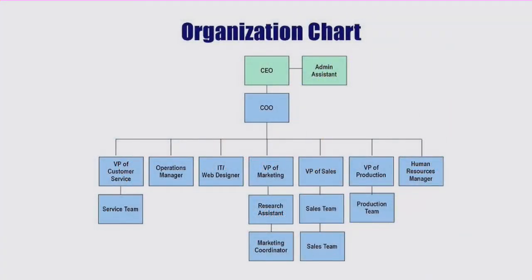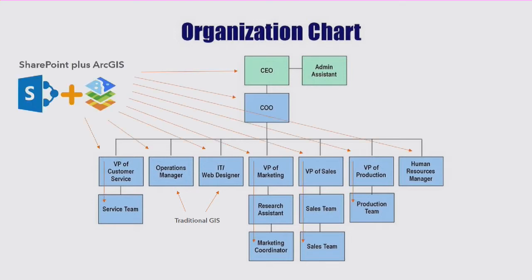The overall idea behind this is, in the past, traditional GIS has typically been siloed within a larger organization. It's been within the GIS department, which may or may not have visibility into the rest of the organization. Once you have ArcGIS Maps for SharePoint and some of our other business applications, you can actually get your GIS content very easily throughout the entire organization.